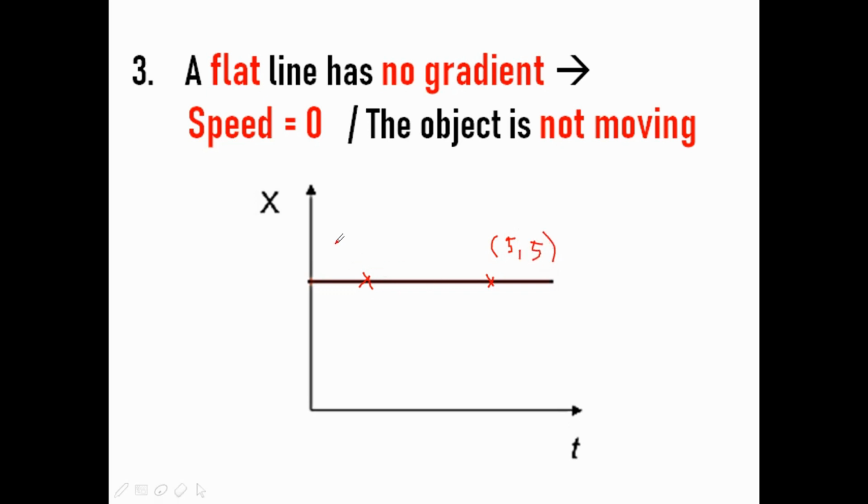And then the coordinate of this point, let's say is 2, 5. If we want to find the gradient, it will be y2 minus y1, 5 minus 5 over 5 minus 2. Then you will have 0 over 3 equals to 0. The speed is 0, therefore this object is not moving at all.